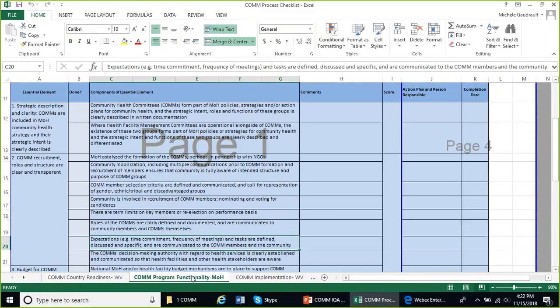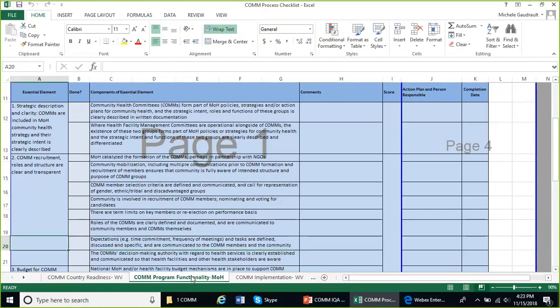And we normally try to carry out a workshop with the MOH to review these components, score them, and then together with the MOH come up with an action plan for strengthening or putting into place those elements that are weak or non-existent.